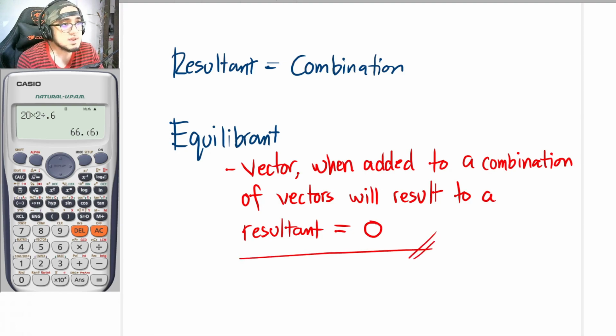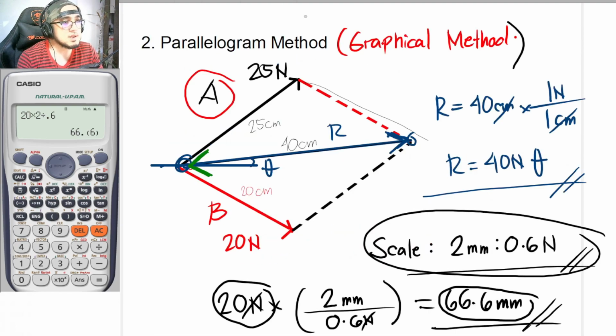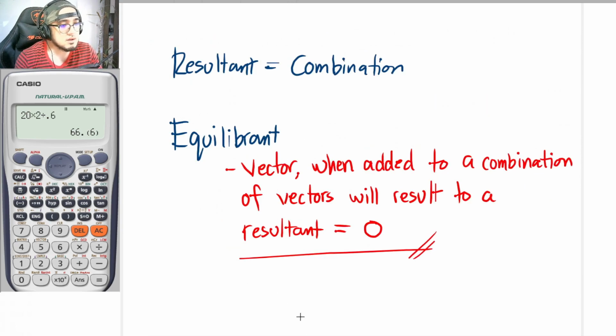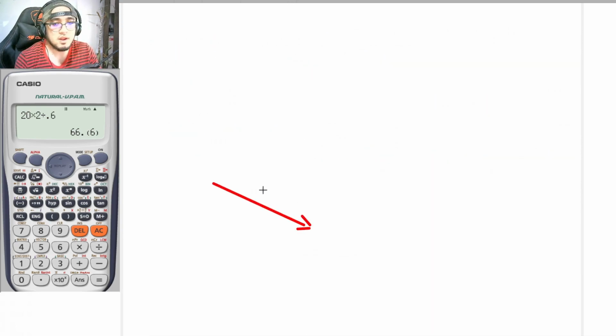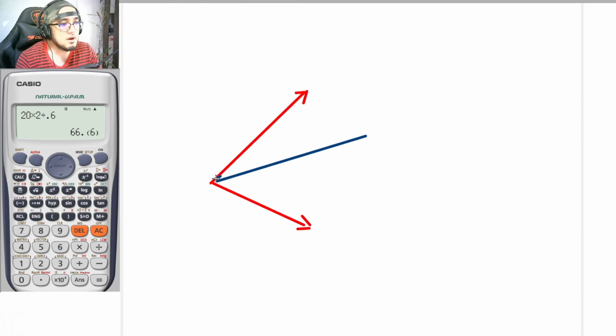What that means is that if you have a certain vector, let's say this is your vector and this is your vector, and you add another vector, the resultant of these three will be equal to 0.